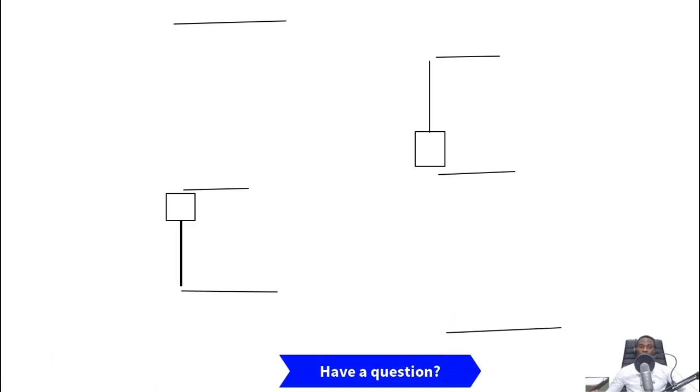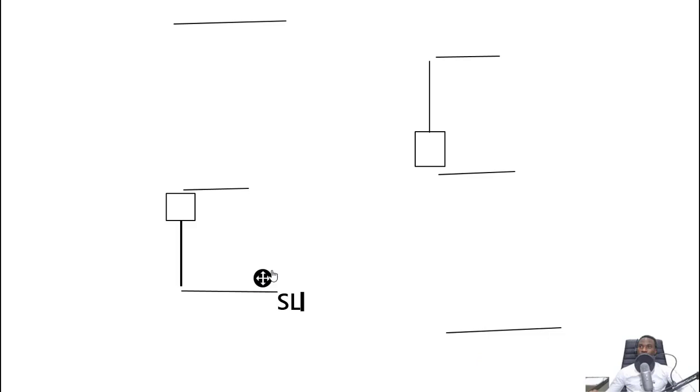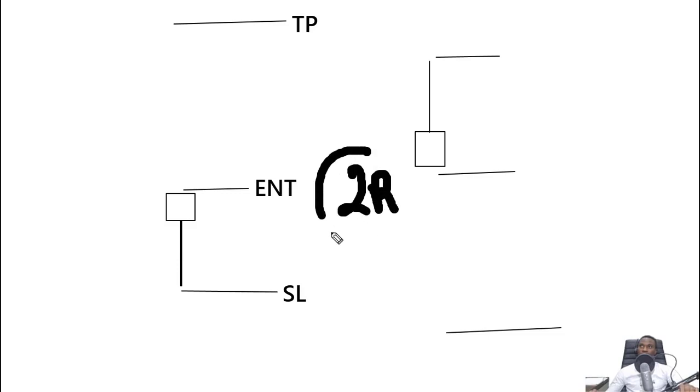So this is the way you can set your stop loss, your entry, your TP. It can be close to the next resistance structure, but make sure you implement at least a 2 risk reward ratio. That is what I do advise traders. Make sure you implement a 2 risk reward ratio system.